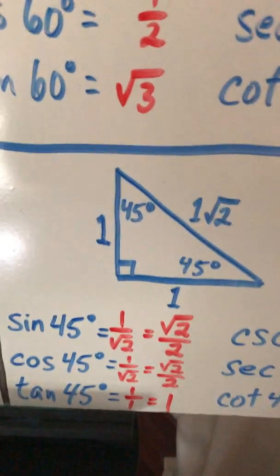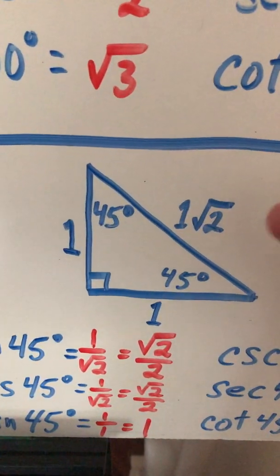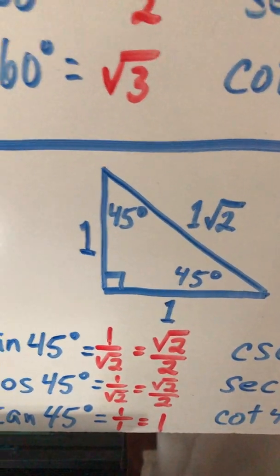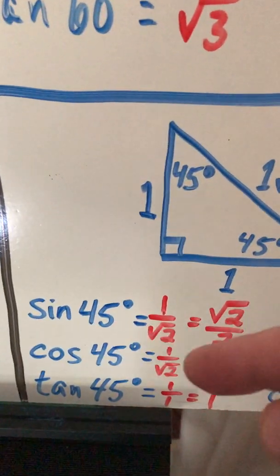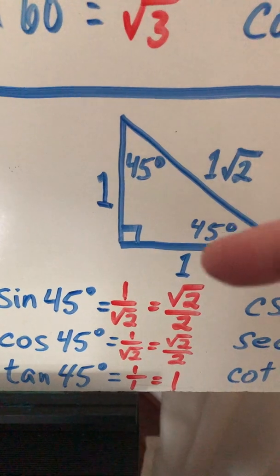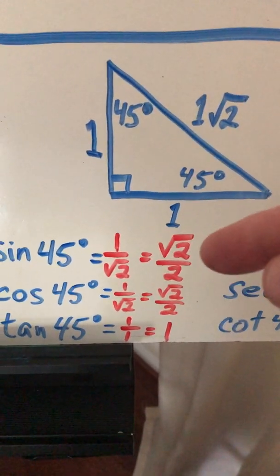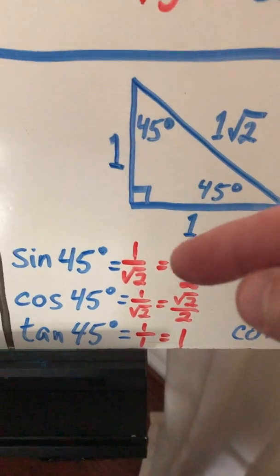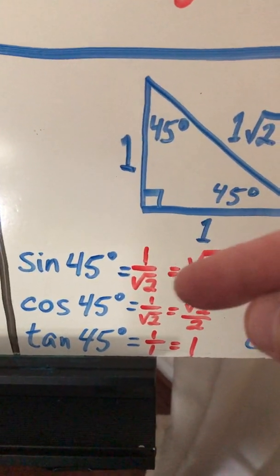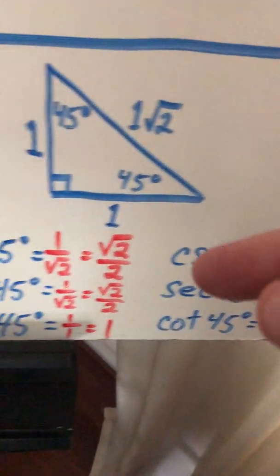In a 45, 45, 90, again, this is 1, this is 1, this is square root of 2. So what's sine of 45? Sine is opposite over hypotenuse, or 1 over square root of 2, which is the same as square root of 2 over 2. So if sine is 1 over square root of 2, cosecant is just square root of 2 over 1.